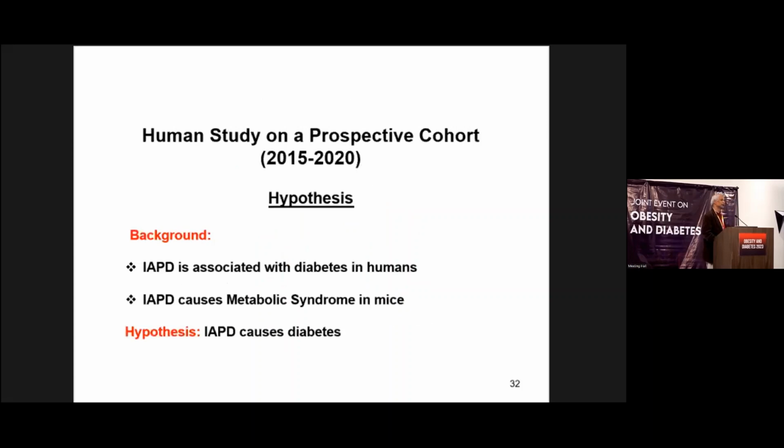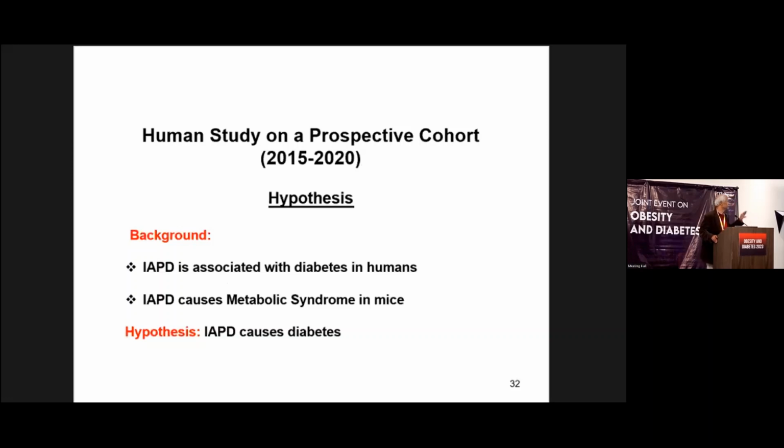And then I started, okay, let's do a prospective study. The hypothesis was that IAP deficiency is associated with diabetes. That first case control study showed that it is associated.